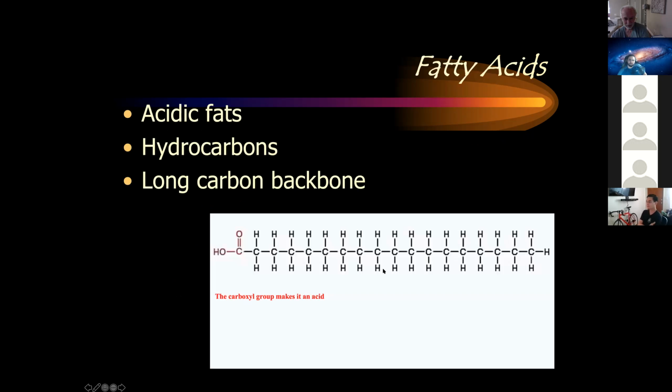So fatty acids are acidic fats. As I said, they're hydrocarbons primarily. So you have a long chain of carbons, fully saturated with hydrogens, and at one end there's a carboxyl, and this is what makes it an acid. This carboxyl moiety is at one end of the hydrocarbon chain.